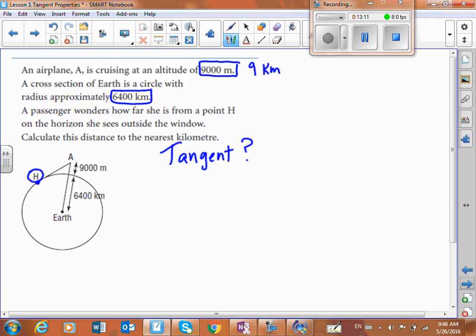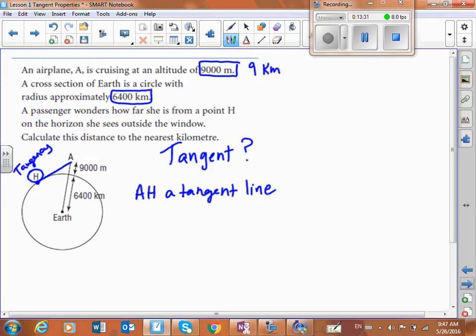That's like a tangent line. It's like that one connection point to the Earth. So I do have a point of tangency at H, which makes AH a tangent line. Okay, so there's my tangent line.